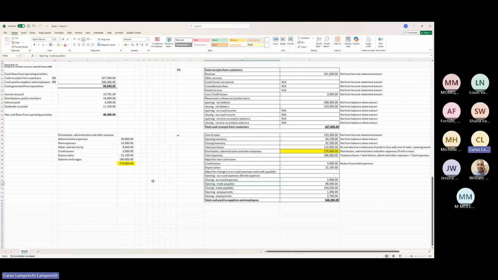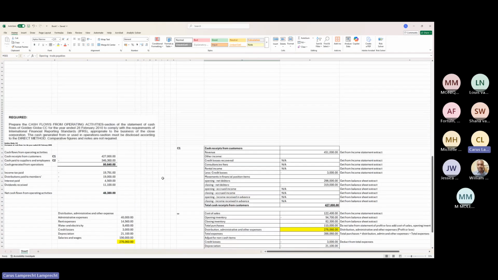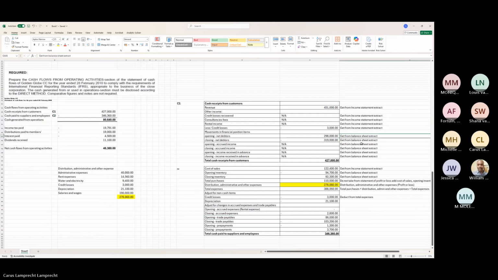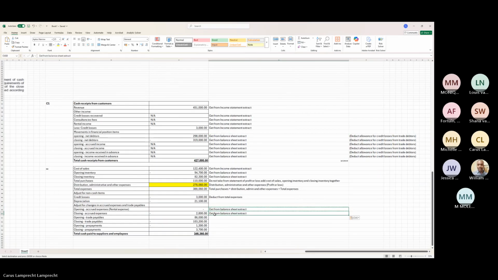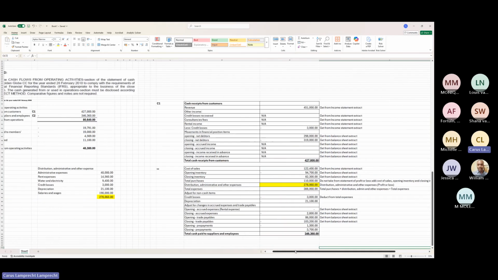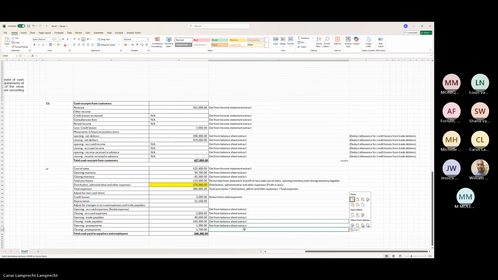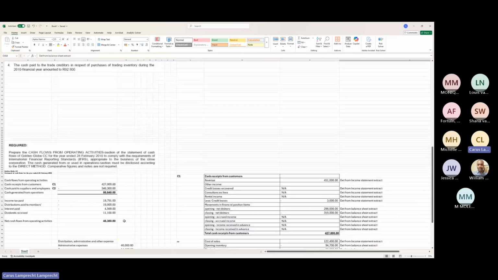For trade payables, you also find the opening balances from the balances list, and once again you deduct your closing.